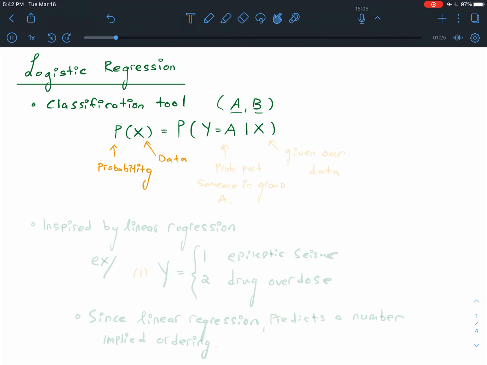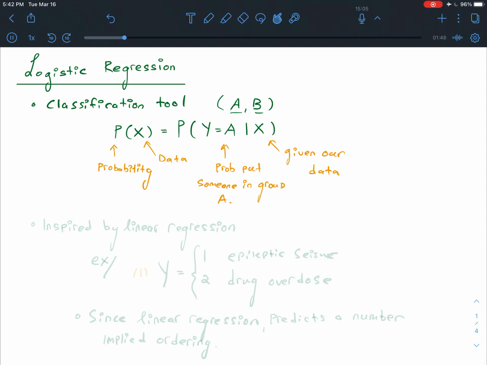So we'll make it more explicit. This is the probability we put someone in group A, or we classify them in group A, given our data.